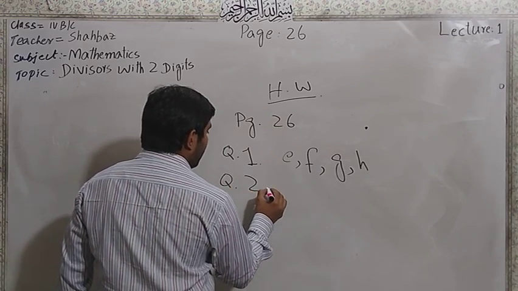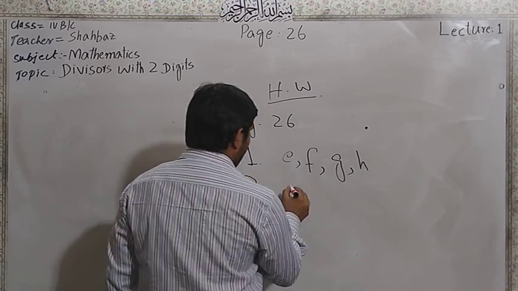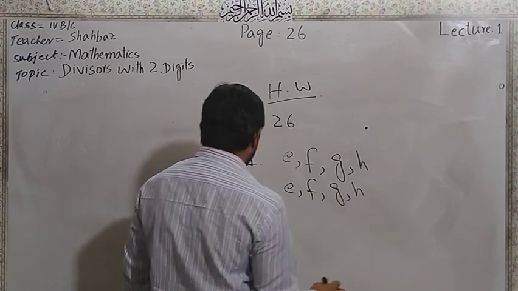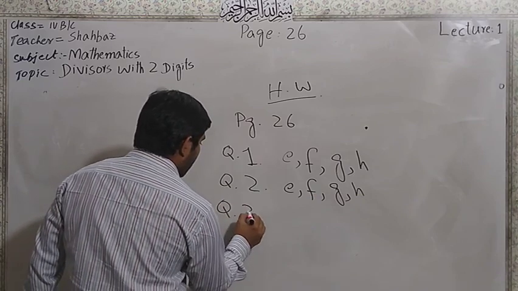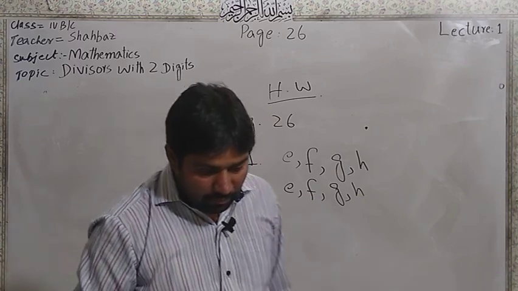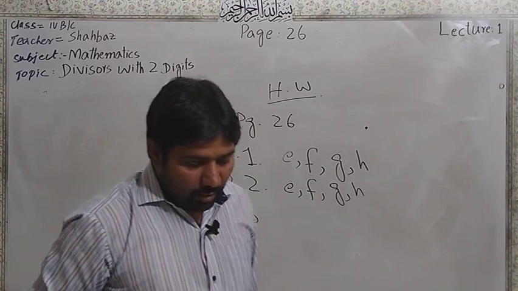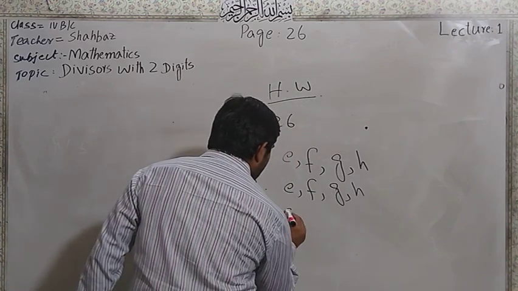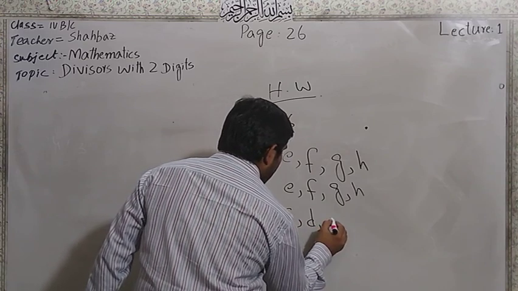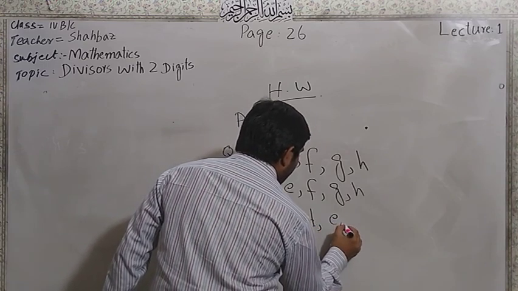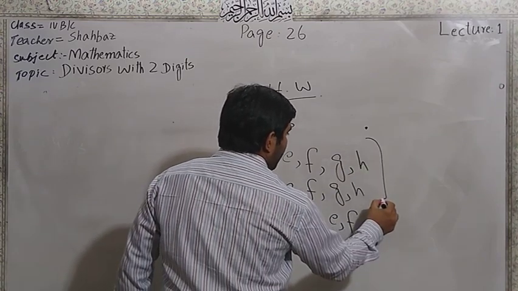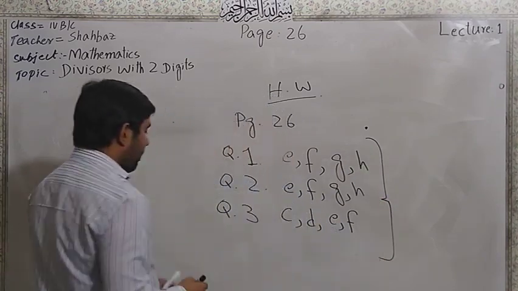We did 4 parts, and E, F, G, H are homework. And question number 3, we did 2 parts, A and B. C, D, E, F are your homework. You will do it yourself and submit to your teacher.